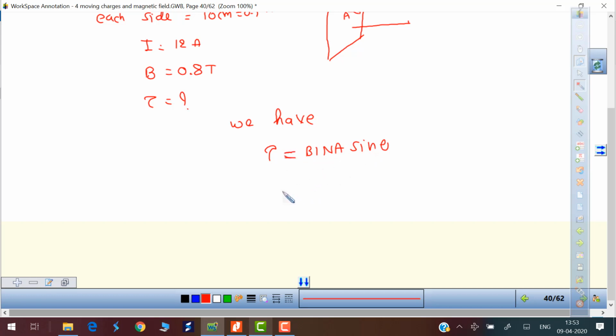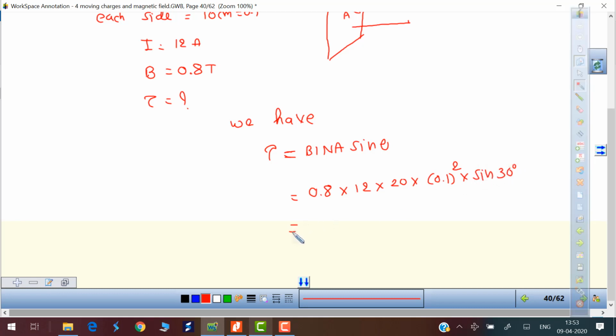So B is 0.8, current is 12, number of turns 20, area that is L square, so L is 0.1 squared, and into sin 30.